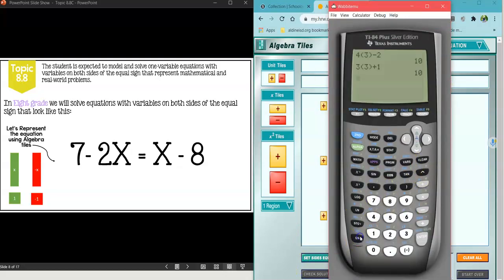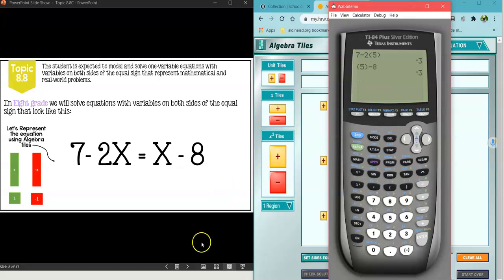So I'm going to plug it into the calculator, starting with the left side first. 7 minus 2 times 5, I get negative 3. Now I'm going to go to the right side, and I should get negative 3 if my solution is 5. Where there's an x, I put 5 minus 8, and I get negative 3. So yes, x equals 5 is our solution for this example.